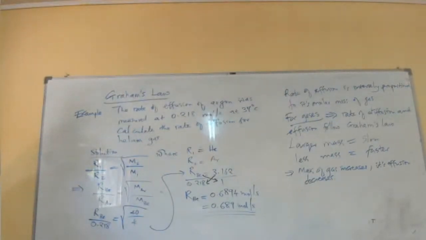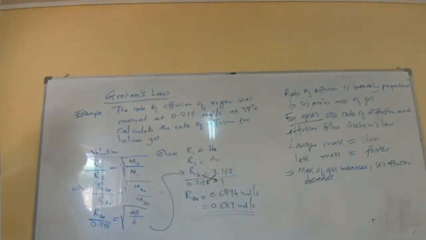Now, when you look at the calculation that we've done, you can actually see that the rate of helium is much higher. Since helium is lighter than argon, it has a higher rate of effusion.